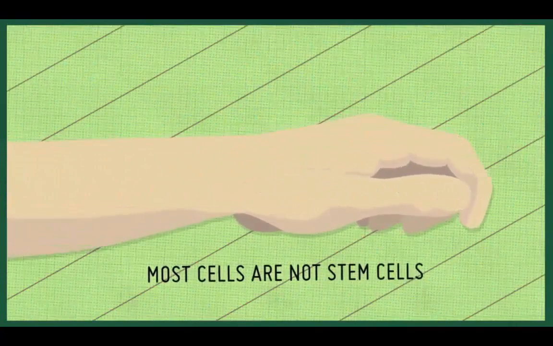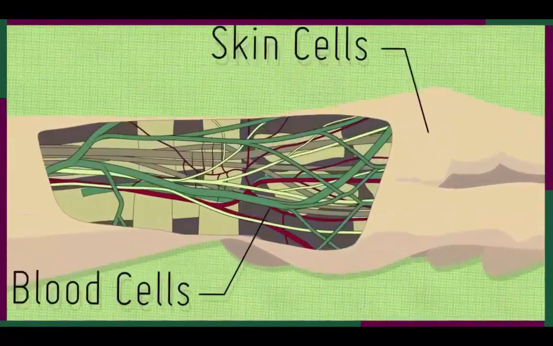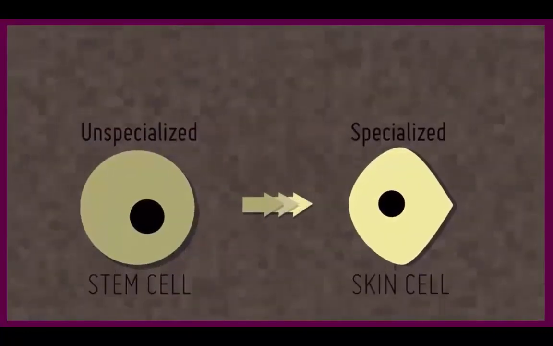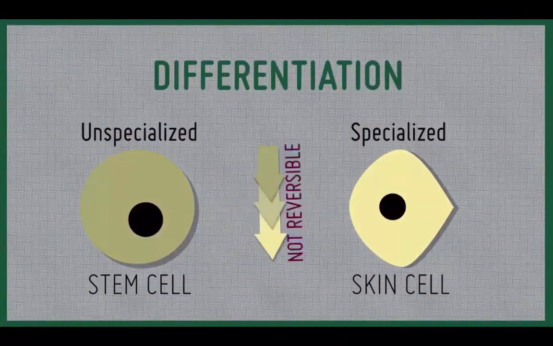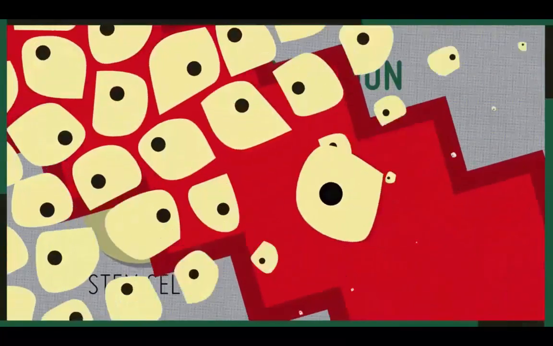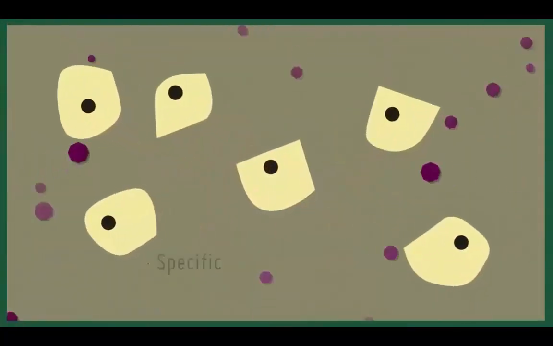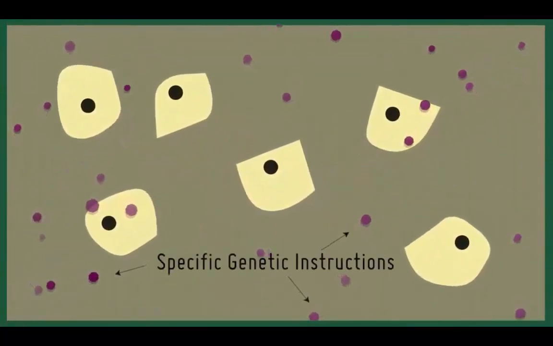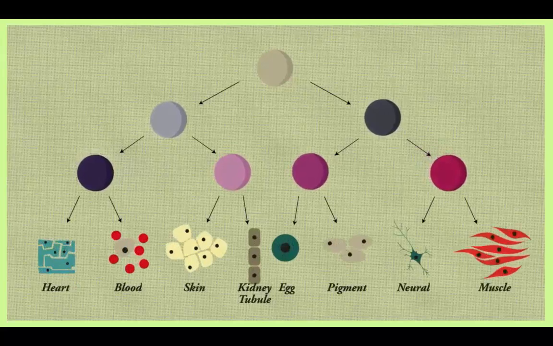Most of the cells in our bodies are not stem cells. For example, blood and skin cells have become specialized to perform a specific function in the body by a process known as differentiation that's normally not reversible. However, if some adult cell types are taken, grown in plastic dishes, and given specific genetic instructions, over time, a small number of these cells will reverse from their differentiated state and develop the ability to re-differentiate into any cell type in the body.